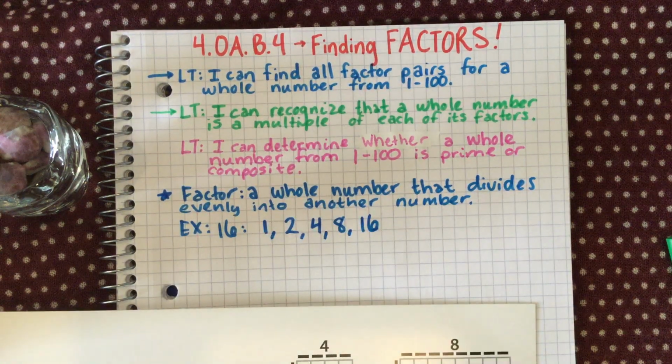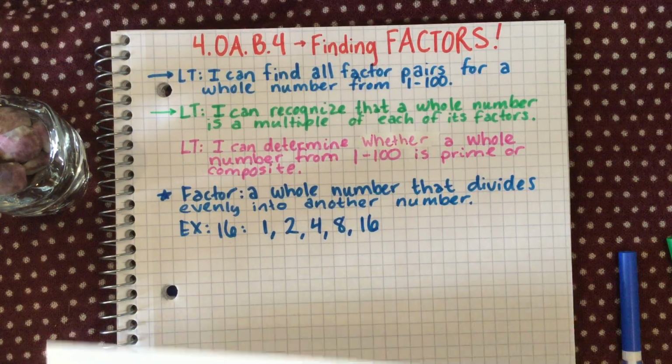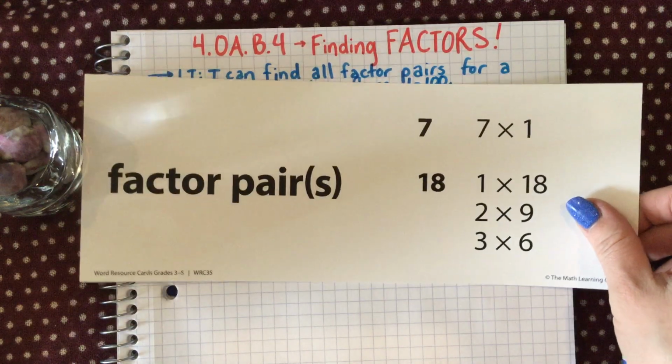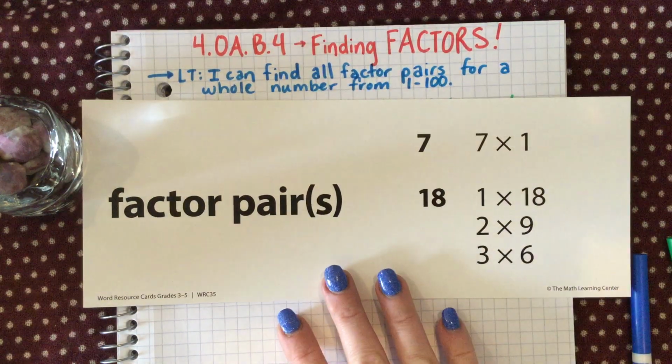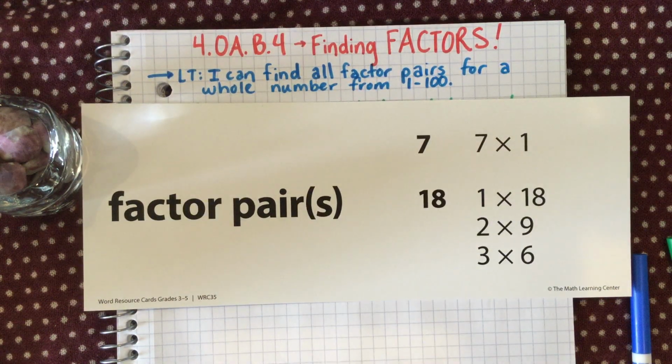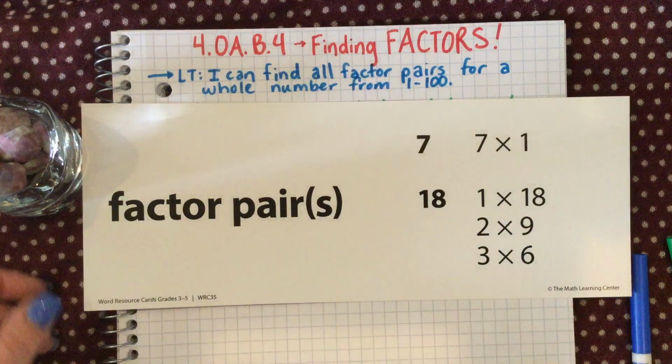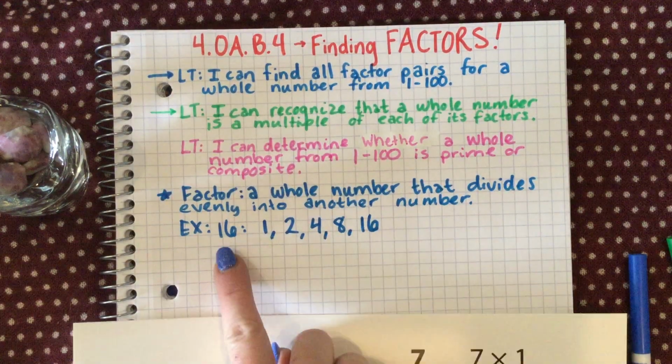of 16. Now, our learning target actually says that we need to find factor pairs. It says find all factor pairs for a whole number from 1 to 100. This is so much simpler than you think, especially if you already know what a factor is. So for example, let's take a second and look at 16.